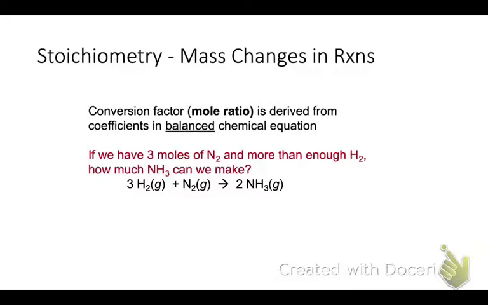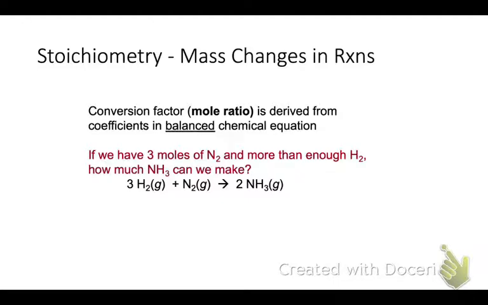So let's read this. If we have 3 moles of nitrogen gas and more than enough hydrogen gas, how much ammonia can we make? It will allow us to predict the amount of product formed, or even how much of the reactant did react.